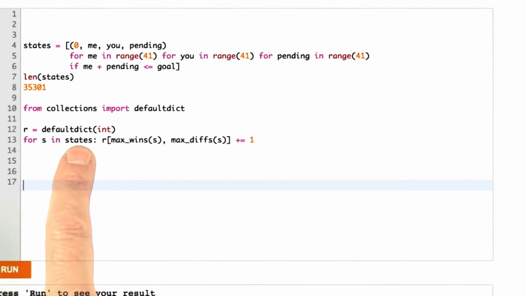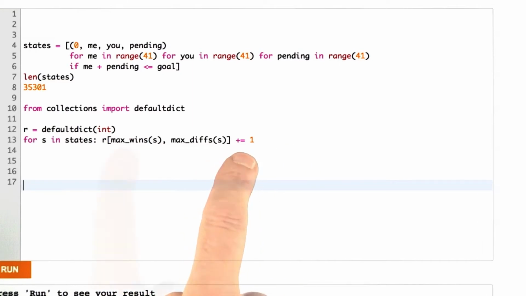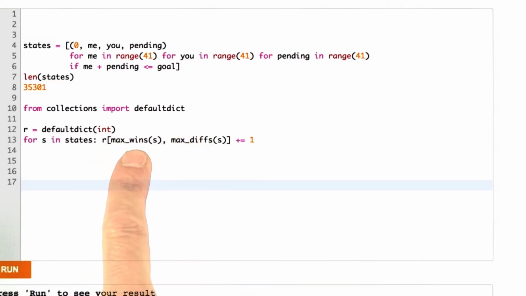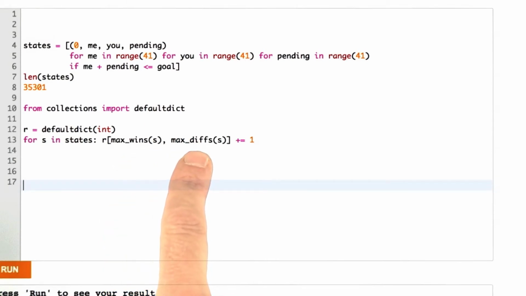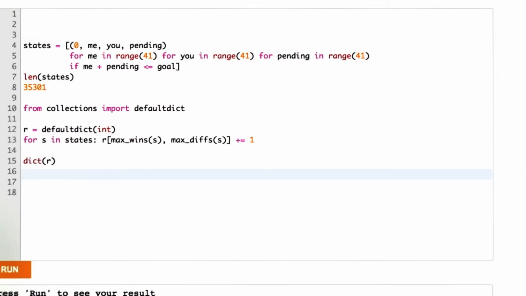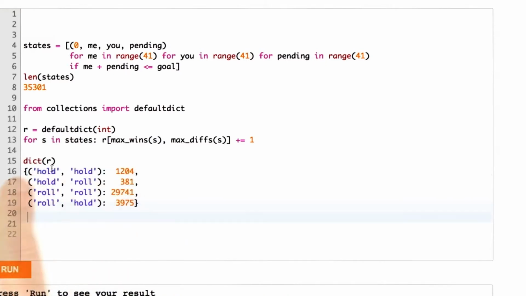And then I go through all the states and I increment the count for a result for the tuple of the action that's taken by max wins and the action that's taken by max diffs. And I want to count up. This is going to be hold, roll, roll, etc. I want to see how many of each do we have. Then let's convert R back to standard dict.